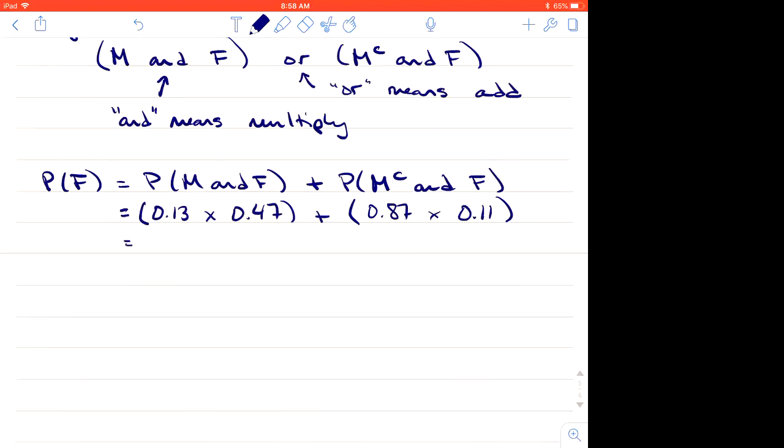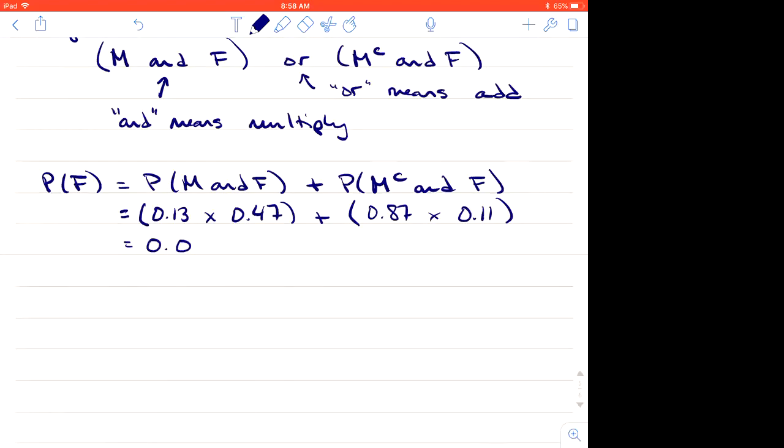So 0.13 times 0.47, 0.0611, plus 0.87 times 0.11, 0.0957.